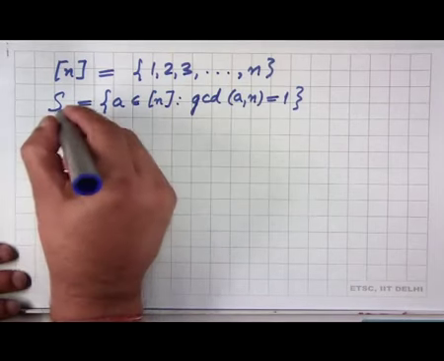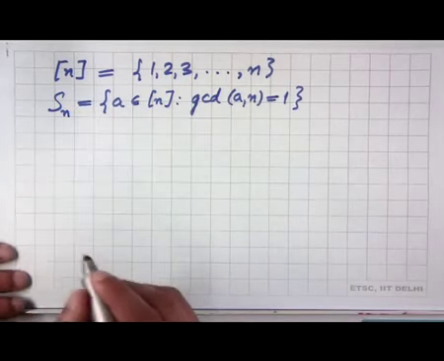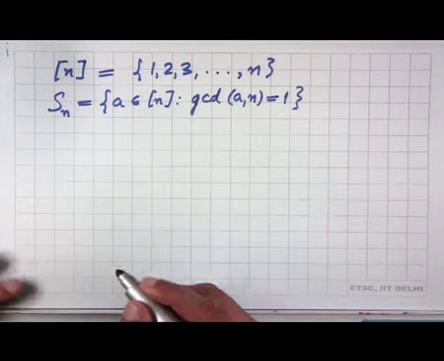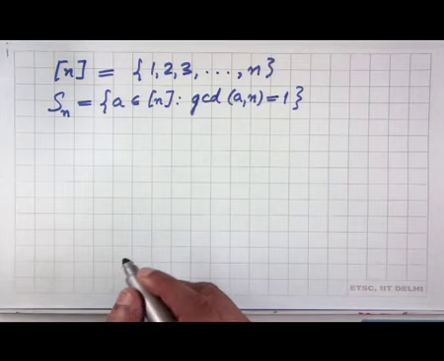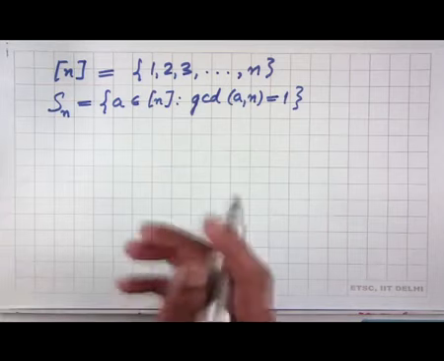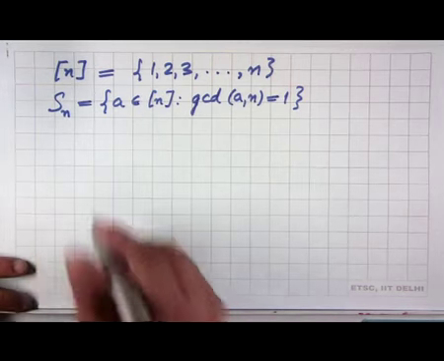Let me call this S sub n, although S sub n is not a great notation because S sub n typically stands for something else commonly in mathematics. But still, for the sake of today's lecture, let me just call this S of n.